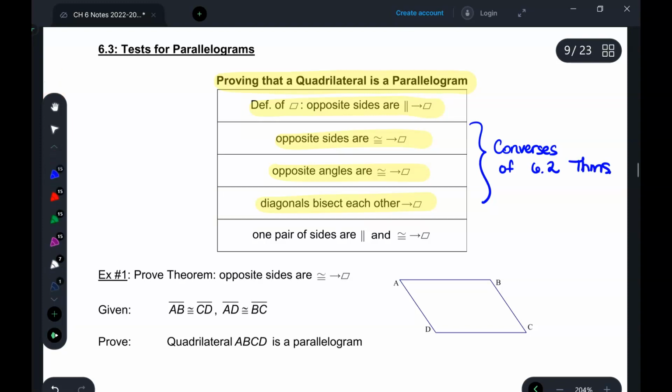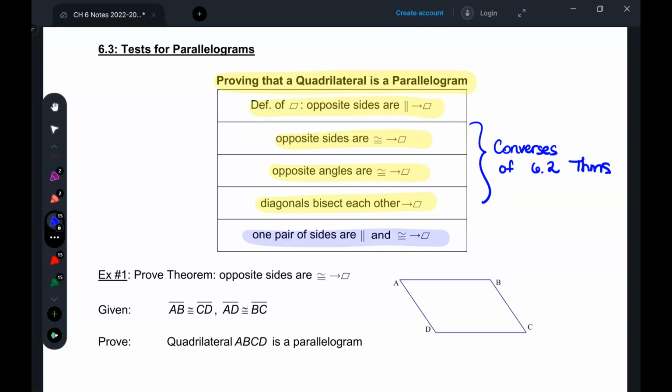This one is a new one. So if you have opposite sides congruent, we have a parallelogram. If you have opposite angles congruent, we have a parallelogram. If diagonals bisect each other, we have a parallelogram. This is the only new one.